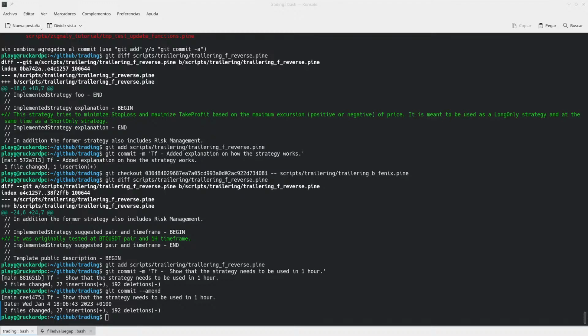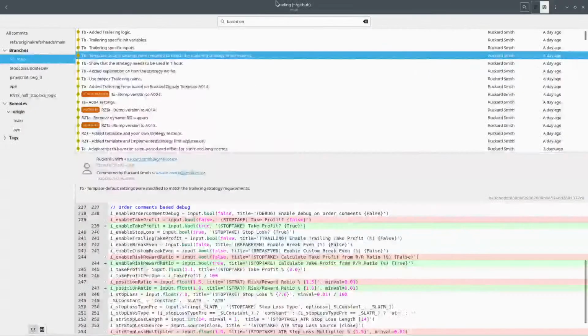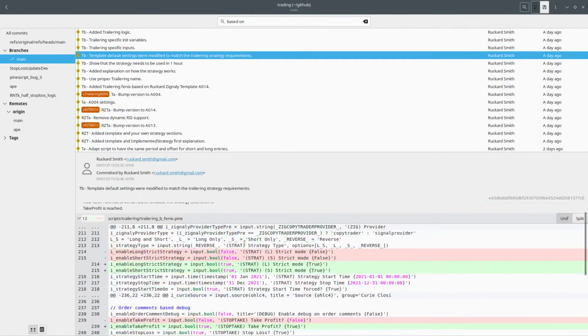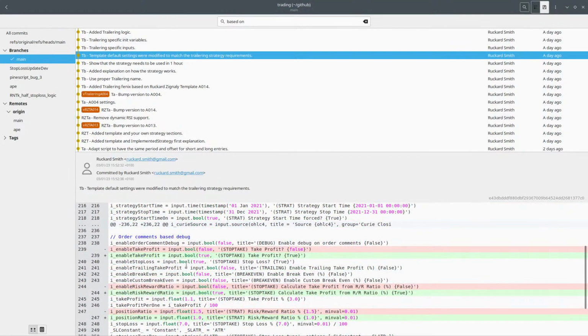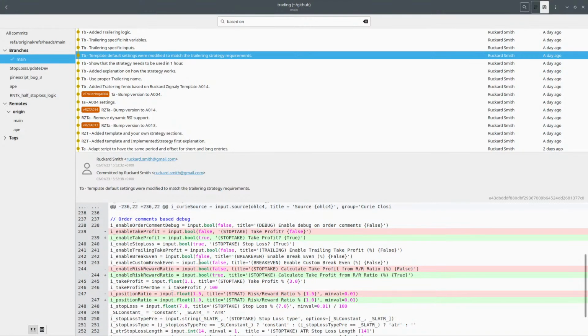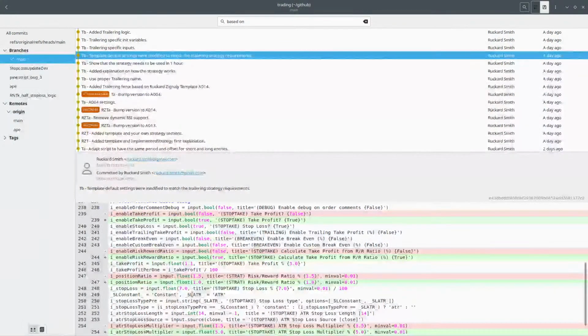I'm taking a look at the default settings which I have here, and you know, strict strategy, I don't think I need it. Do we need enable take profit? Yes, but yeah, okay. Risk reward ratio, we don't need that. We are going to have a specific option to get how much take profit we want to have.